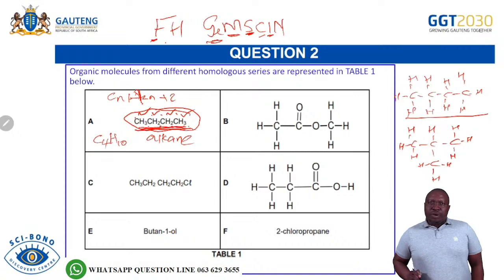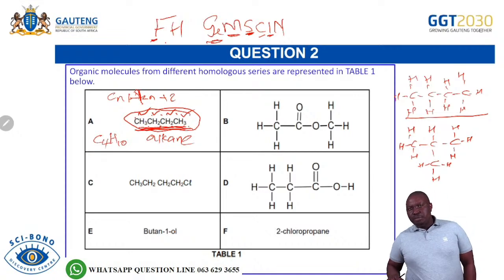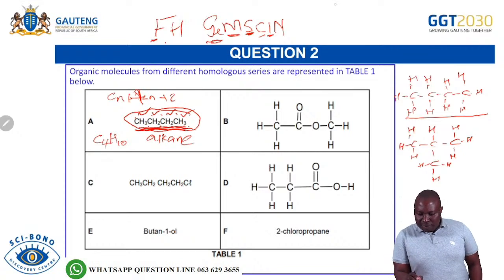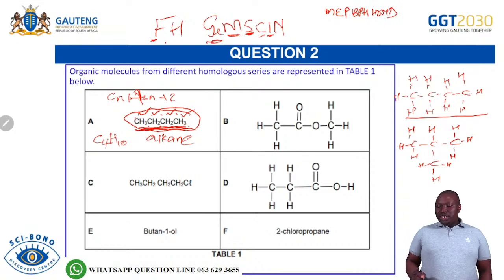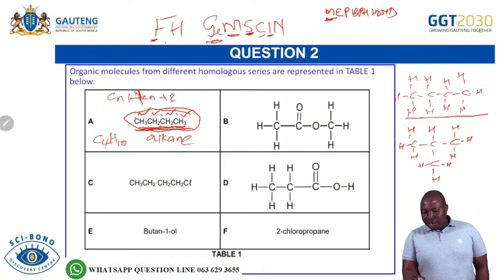Now, lastly, we'll ask you to name this organic molecule. So when you name it, you know it's 4 carbons. Remember, for naming, as we are revising, we said it's MAP BPH bond. Don't forget that. It reminds you that if we have 1 carbon, it's methane.